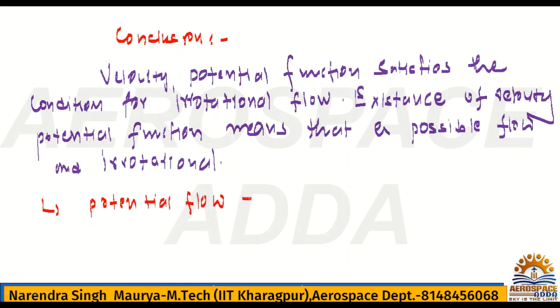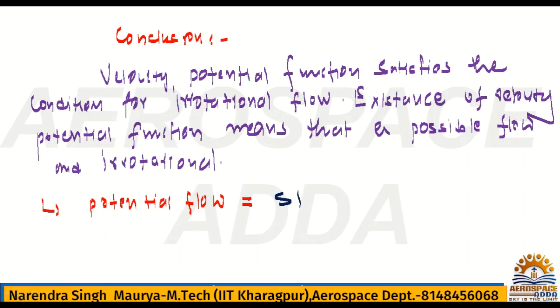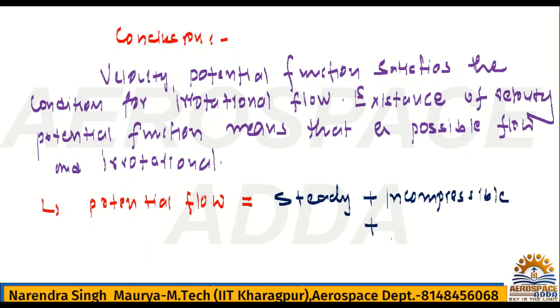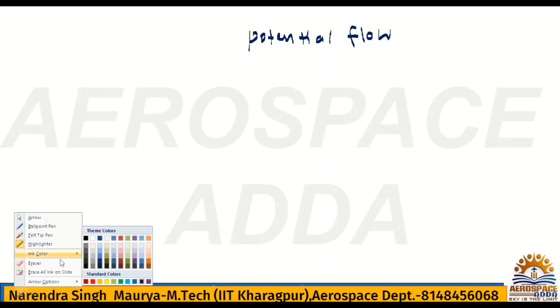So what is the potential flow? The potential flow is nothing but a combination of steady, incompressible plus irrotational flow, and it will be called potential flow. If I say potential flow, what is the meaning of it?